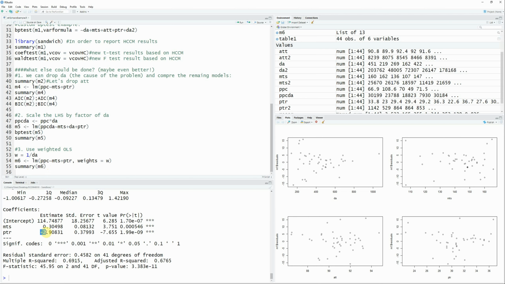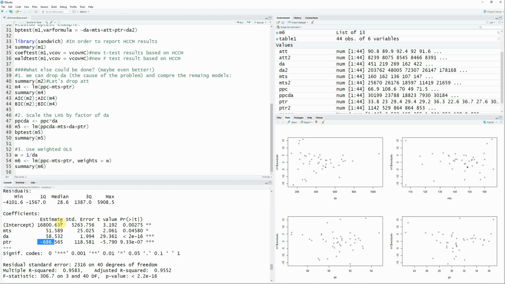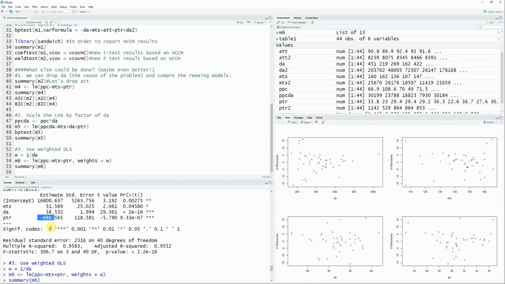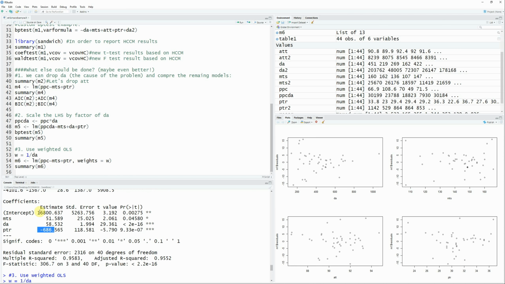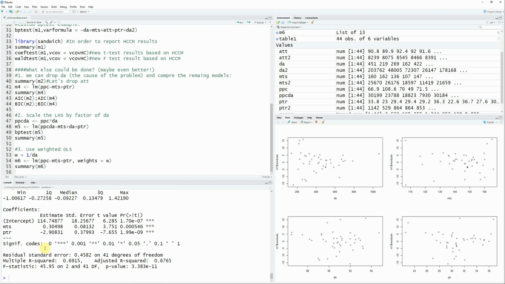I'm sorry, I think I said goes up, but that goes down, just like the negative effect it had before. These estimates are different from each other in size because on the left hand side here you have the total, but here you have per pupil, not total, so it's going to be smaller.